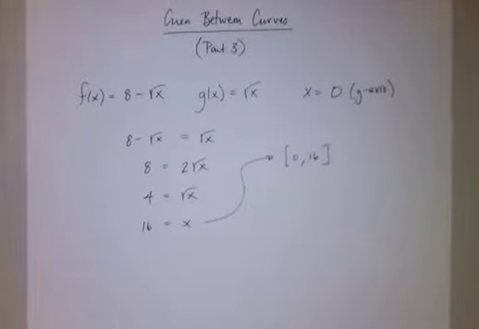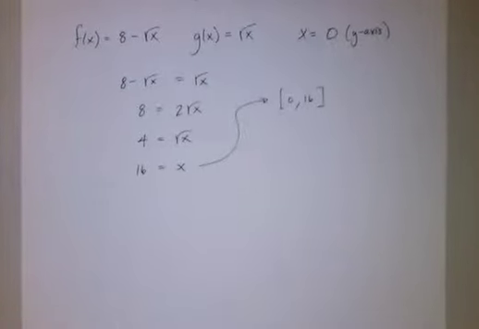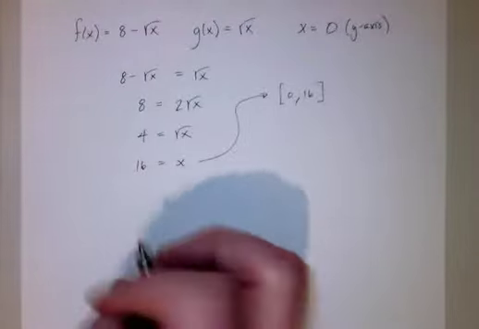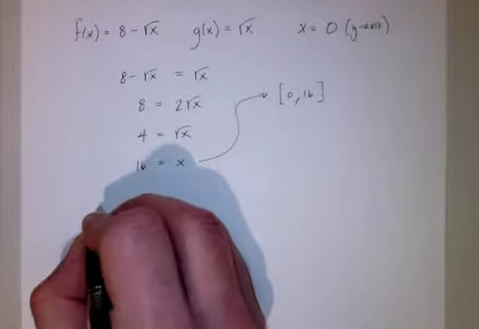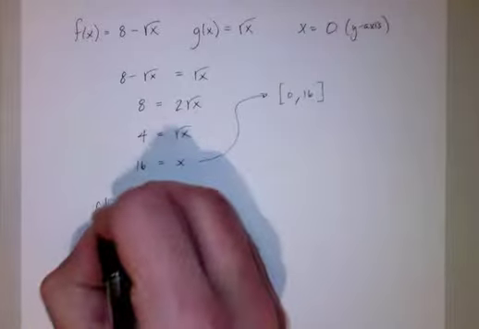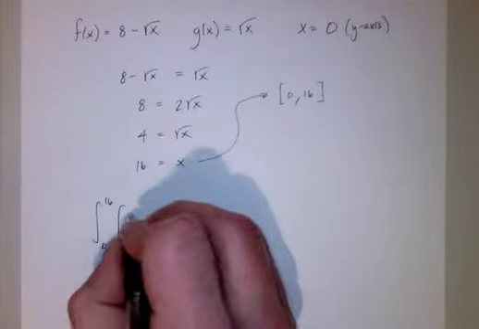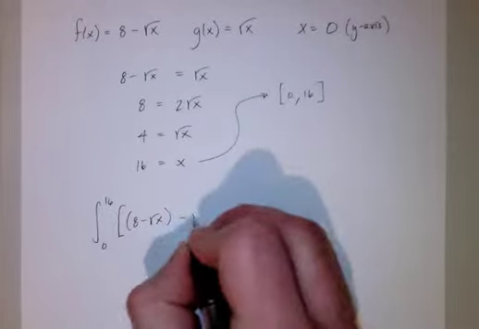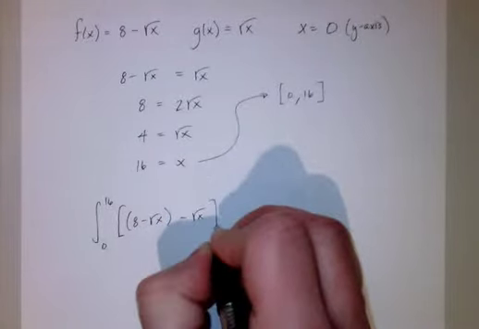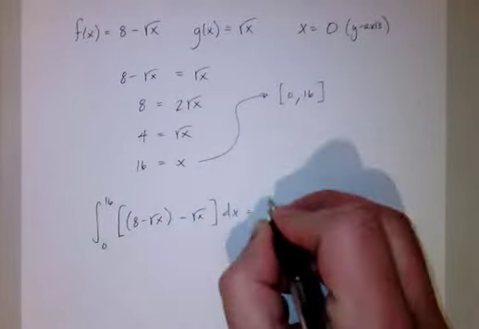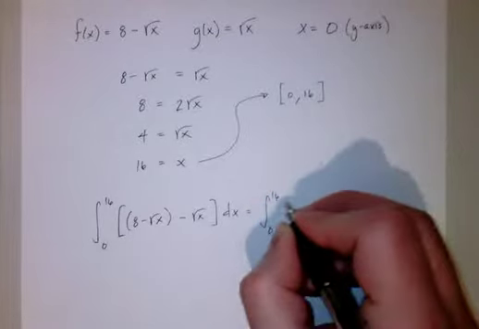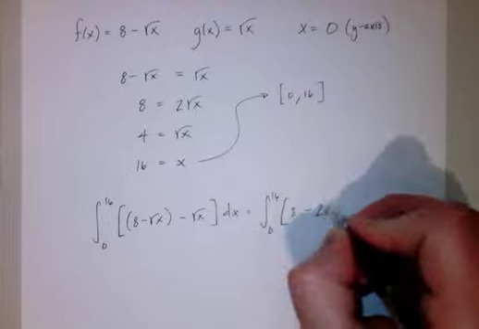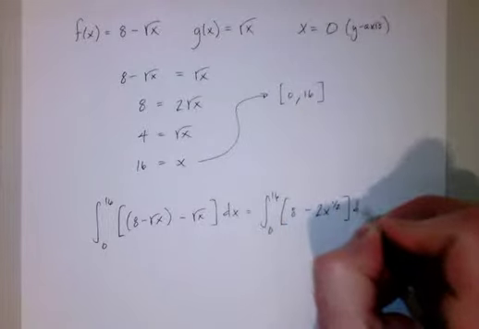Now, on that whole interval, I recognize the fact that 8 minus root x is going to be the one on top, the more positive one. So 0 to 16, 8 minus root x minus root x dx. 0 to 16, I know that that's going to wind up being 8 minus 2x to the 1/2.